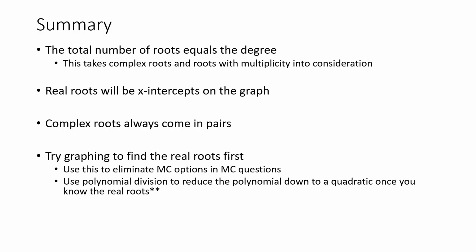You had to use something called the rational roots theorem to generate possible real roots and then do polynomial division 1 at a time until you found ones that worked. And you would slowly make your polynomial smaller and smaller with the division until you got it down to a quadratic. And then, take it from there.